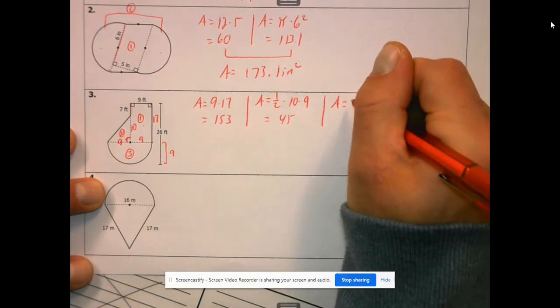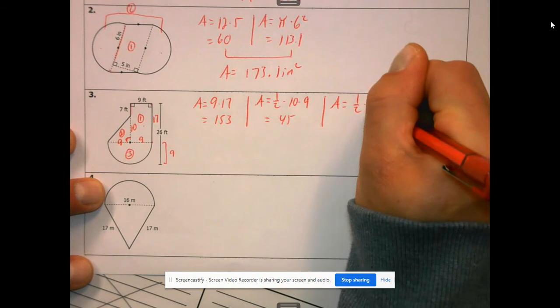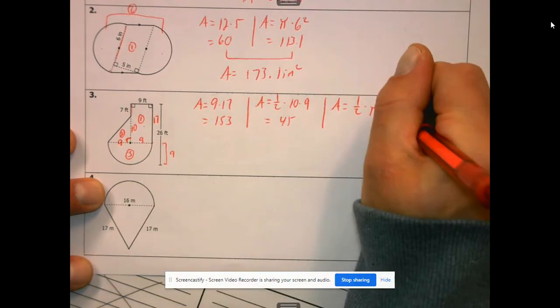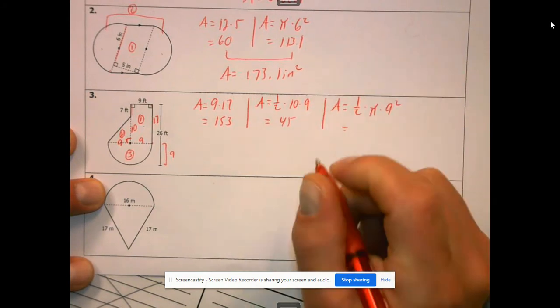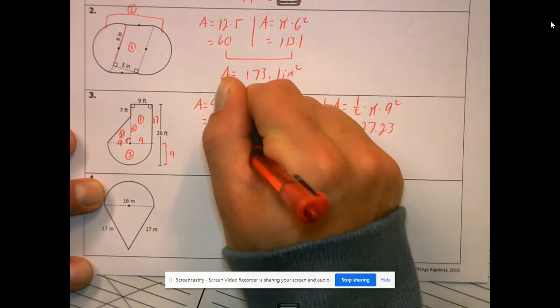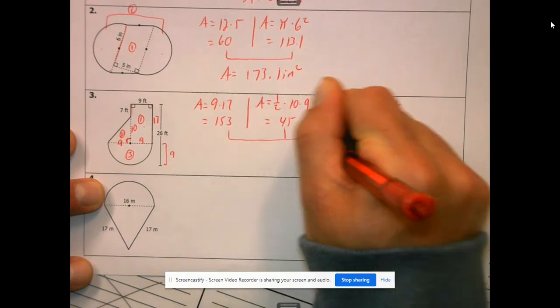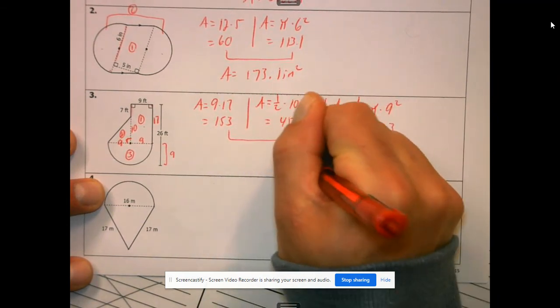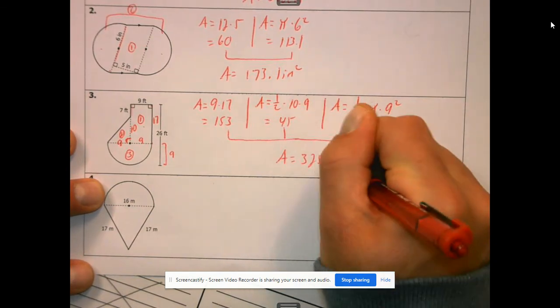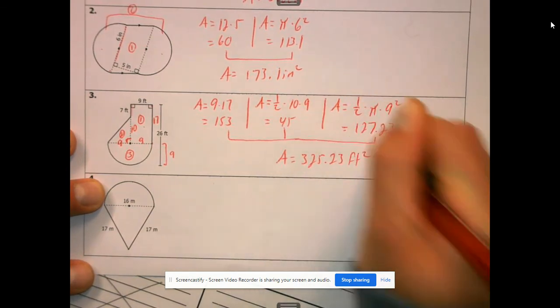Remember, since it's a semicircle, it's 1/2 times pi times radius squared. Radius is 9. If you type that in, that comes out to be 127.23. And if you add all these guys up, total area is 325.23 square feet.